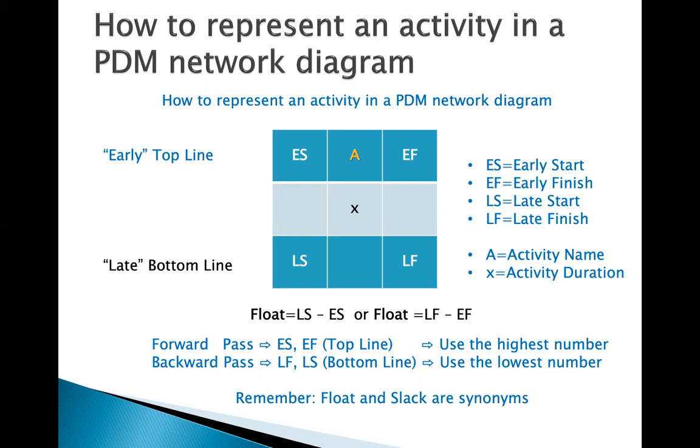These are the formulas that you can use to calculate the float for each activity. In order for us to move forward, we need to understand that the CPM, the critical path methodology, uses the forward pass and the backward pass. So let's see in a very practical way how we can understand this much better.